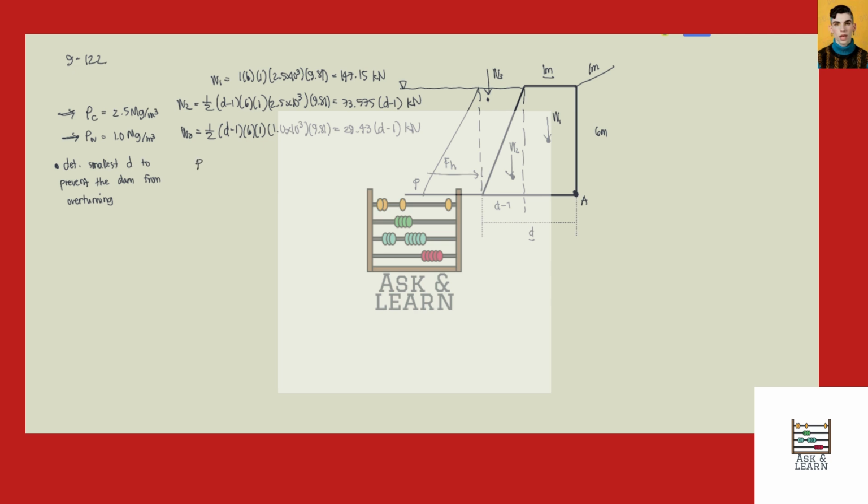And solving for the pressure at the bottom, we have gamma H. So we have 1000 times 9.81 times 6. We have 58.86 kilopascal. So now we can solve the horizontal force, which is 1/2 of 58.86 multiplied by 6 times 1.